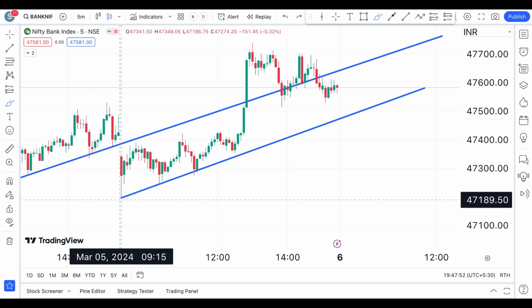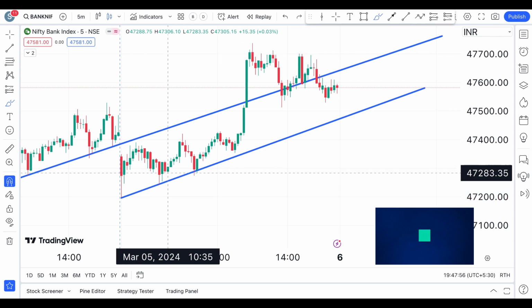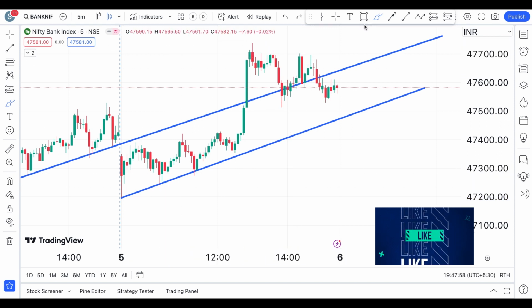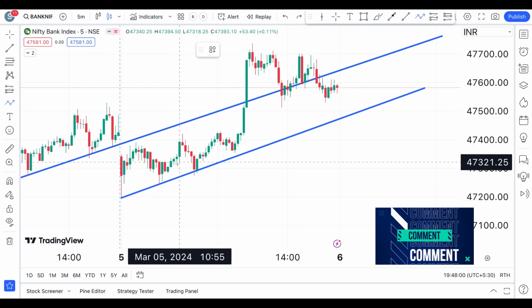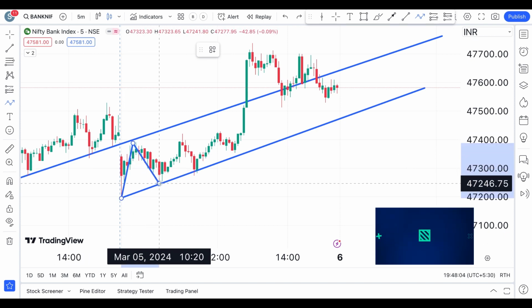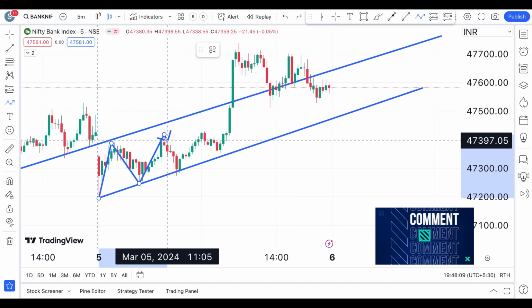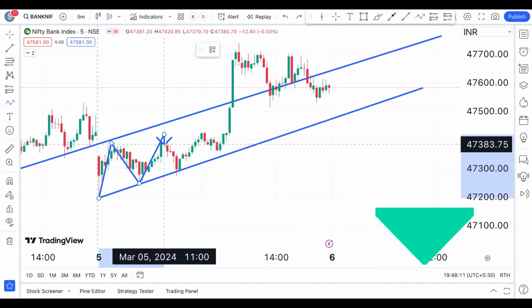Based on these two points, we have a tentative trend line till here. After this reaction, Bank Nifty went there, and here you can see a shooting star candle from where it reversed.